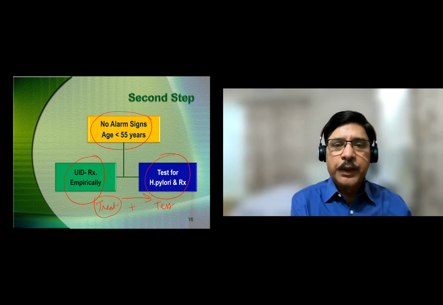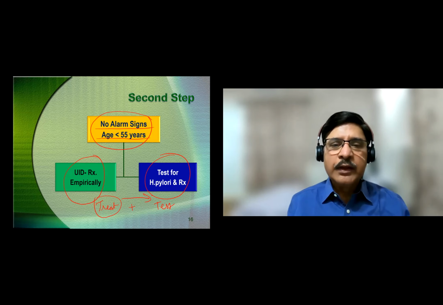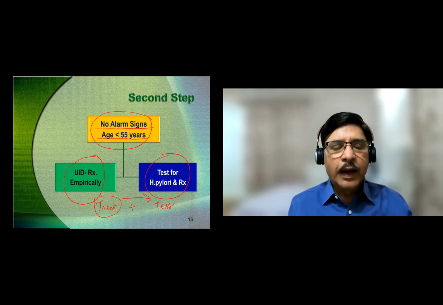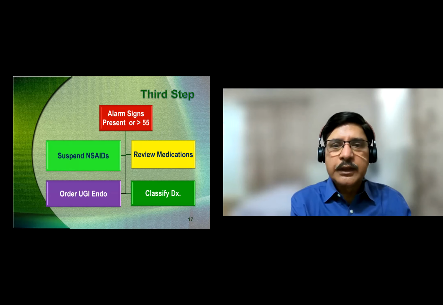Because the patient did not have alarm signs and he is less than 55, the chances of malignancy are small. Chances of ulcer disease also are small. And I would institute empirical treatment and then test if necessary. Okay, what is the third step?